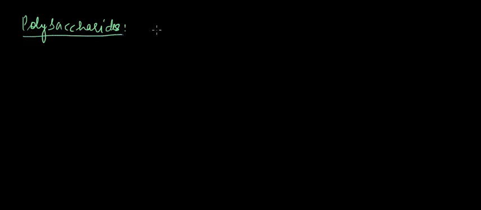We'll start off with cellulose first. Cellulose is the most abundant organic compound found in plants.